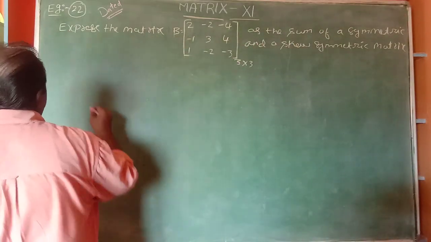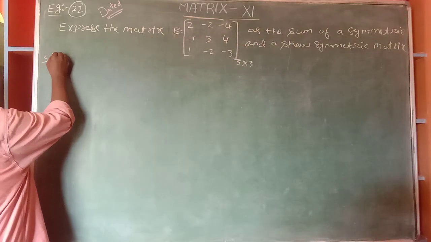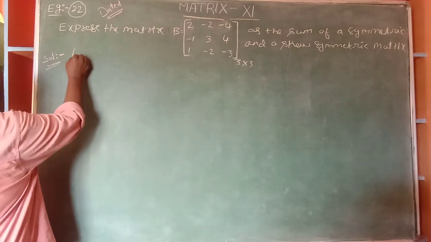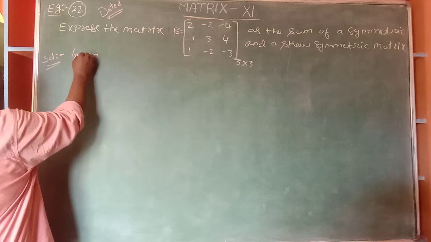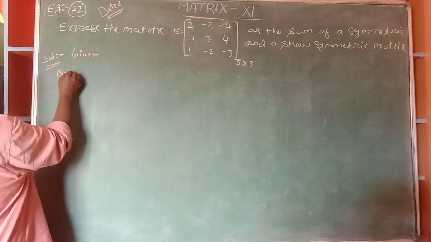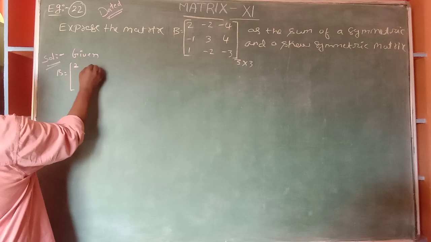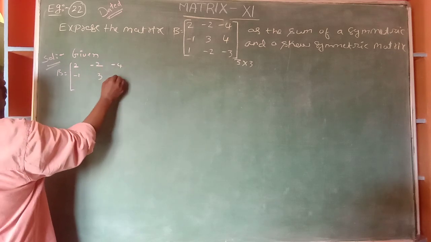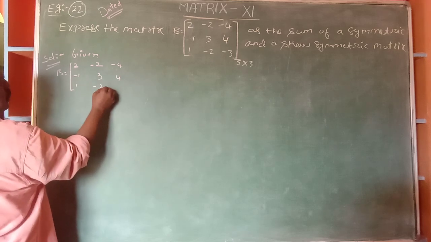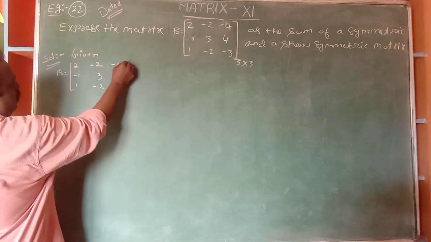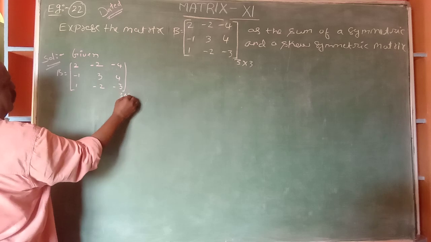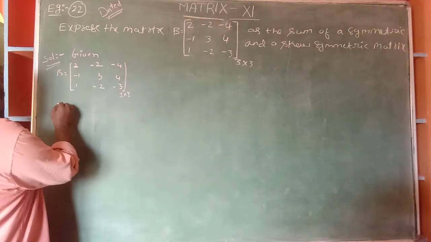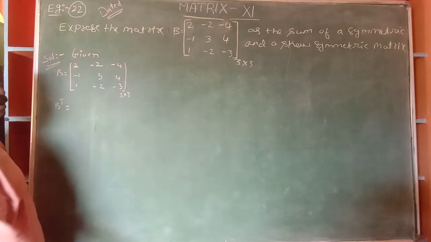Now you see, this is the solution. What is given? Capital B is equal to [2, -2, -4; -1, 3, 4; 1, -2, -3]. Now this is a 3 by 3 matrix. Now we find B transpose.